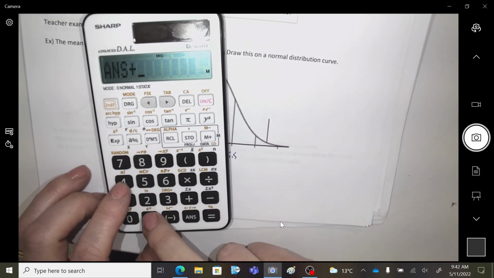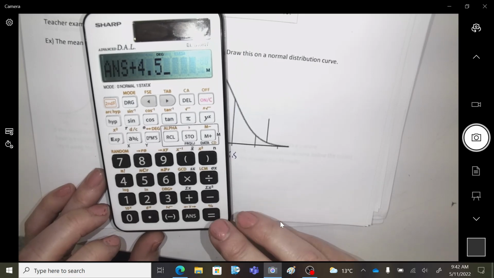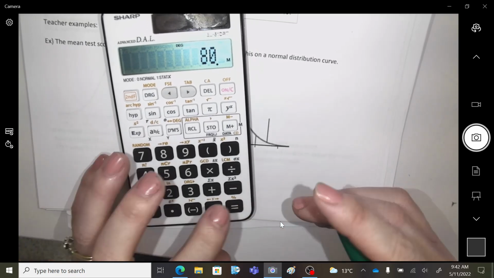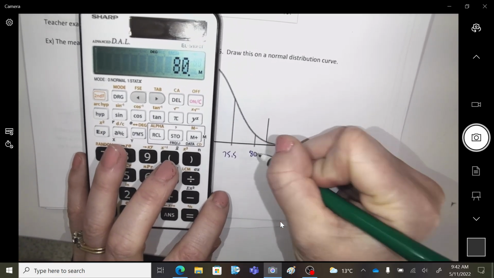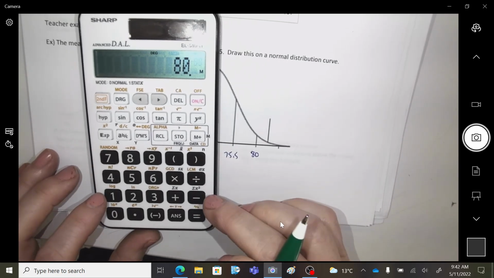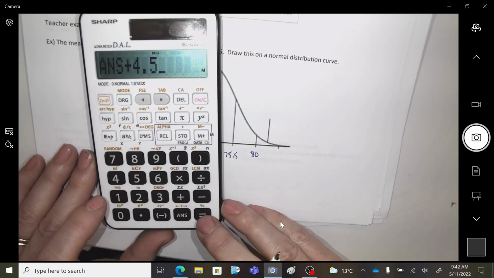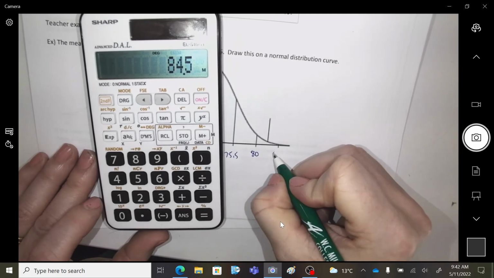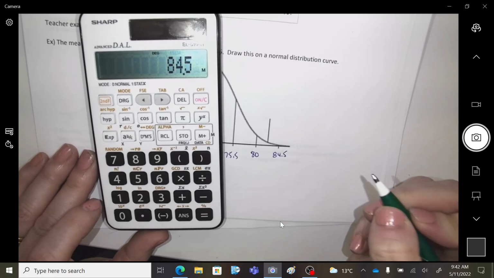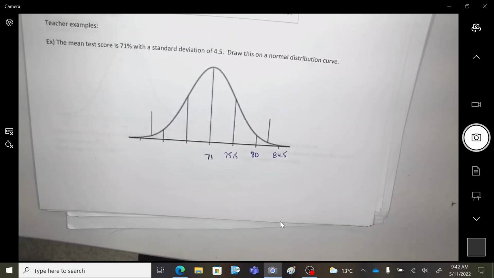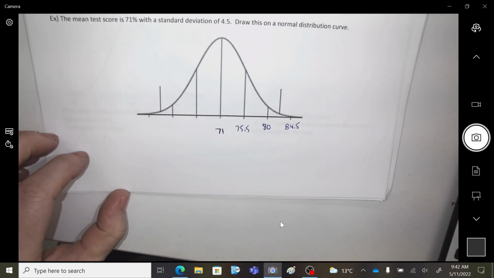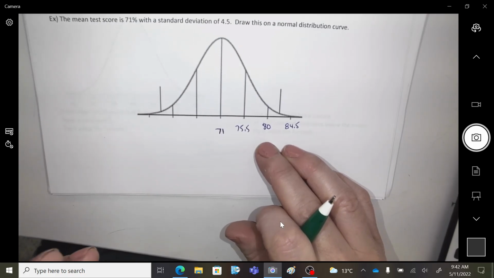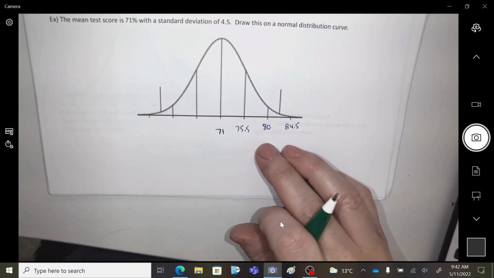I'm going to add 4.5, so 80. I'm going to add 4.5, 84.5. So if you scored an 80 on this test, you can say you're 2 standard deviations higher than the average.